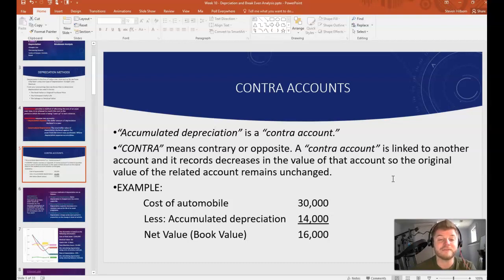So we have to have this accumulated depreciation asset account of $14,000. So it's just basically saying, okay, I know I bought it for 30. I know it's not worth 30 anymore. So I just need to have all of my accounts in place so that there's a record of how it originally was, what kind of use it endured or went through, and now what is the remaining value of that asset.